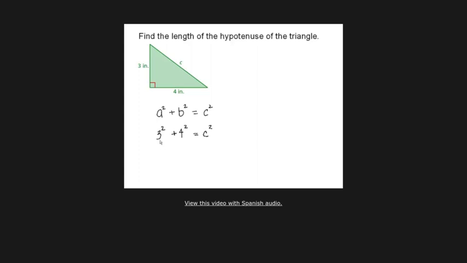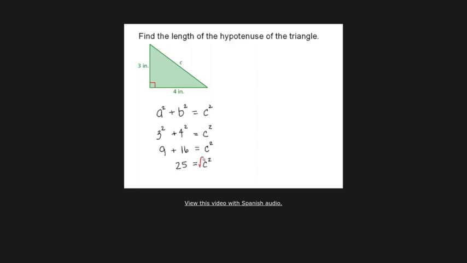So now let's begin to simplify. 3 squared is 3 times 3, which is 9, plus 4 squared, 4 times 4 is 16, and that's equal to c squared. 9 plus 16 is 25, and that's equal to c squared. Now, to get c by itself, what we'll do is take the square root of each side.